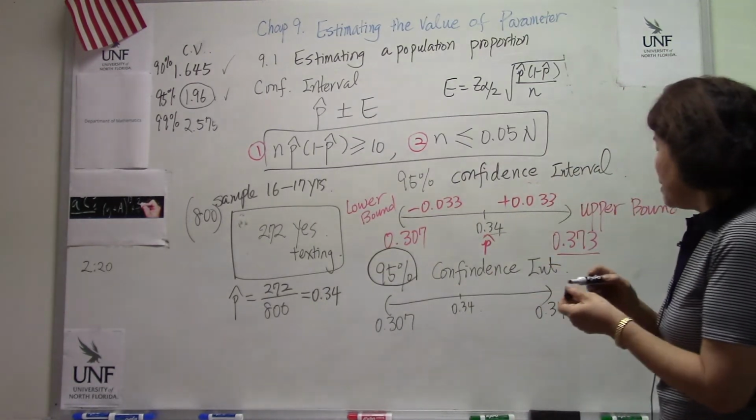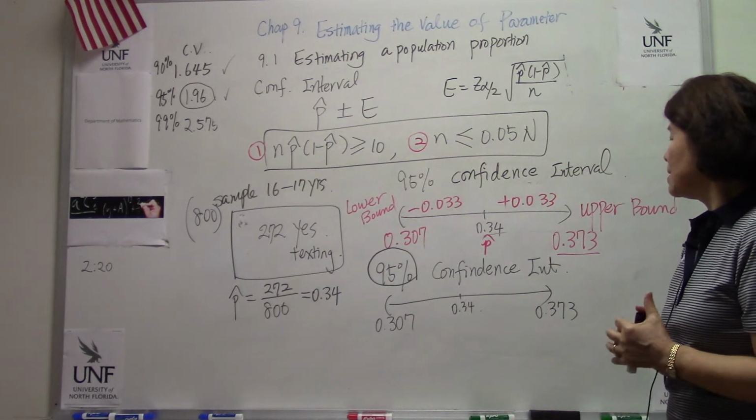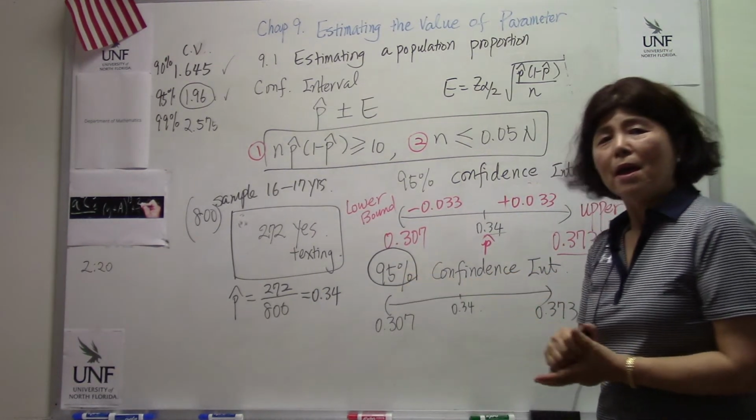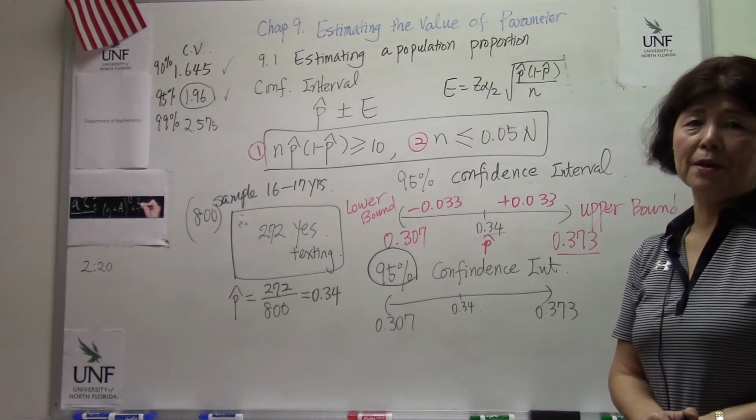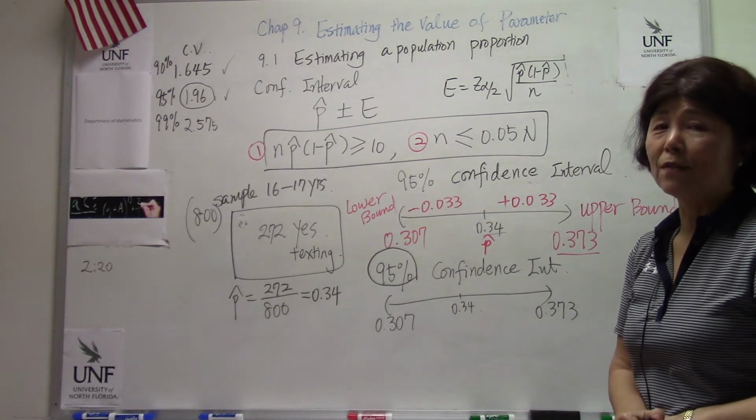We built this confidence interval based on this. But what does it exactly mean, a 95% level of confidence?